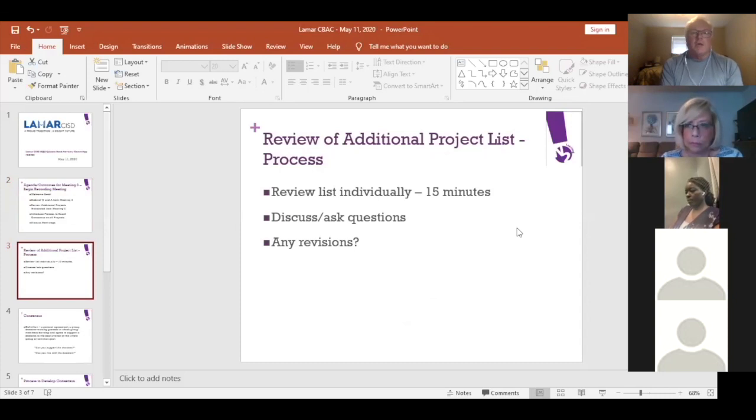It's a PDF document. It is the additional projects that were generated by the groups with notes. And our job right now is just for you to get clarification on them. As we've said all along, this does not necessarily mean the end all be all, but it's a starting point for our next step.